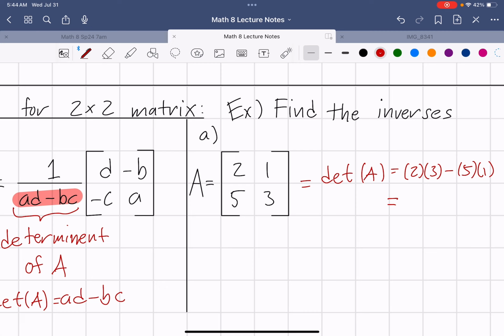5 times 1. Oops, made a mistake. So 2 times 3 is 6, minus 5 is equal to 1.